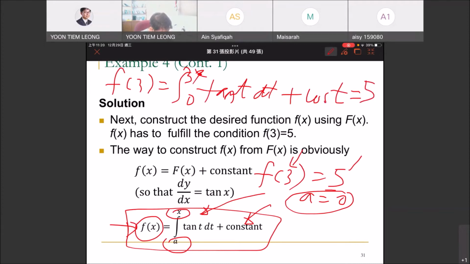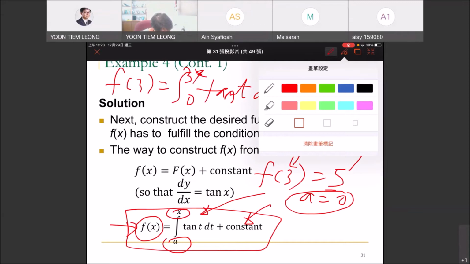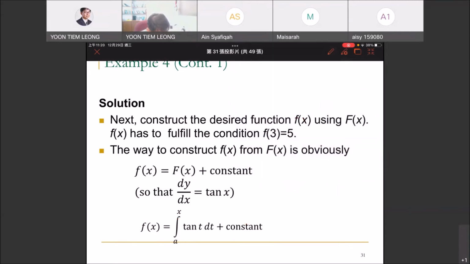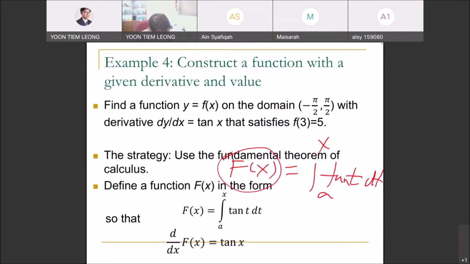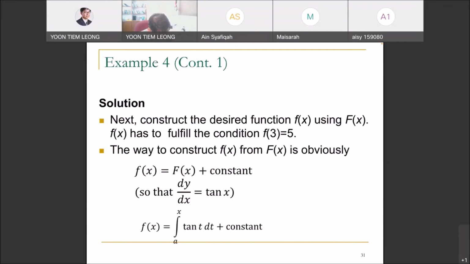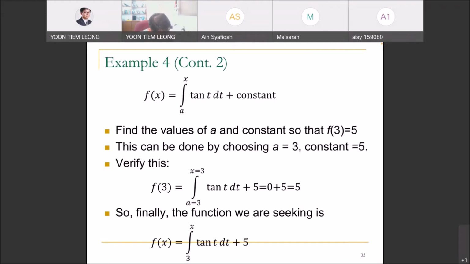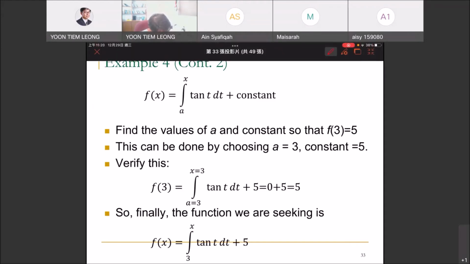So now I have a very simple relationship which I have to rewrite, because my writing is just terrible. So f at 3, maybe I should go back to the previous slide. f at 3 is just equal to, just now I chose it to be 0, right?